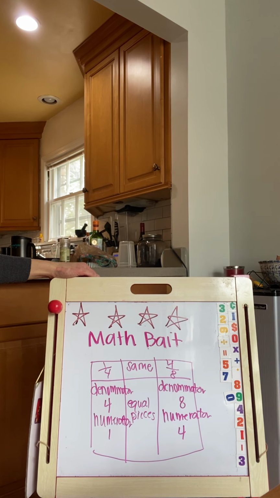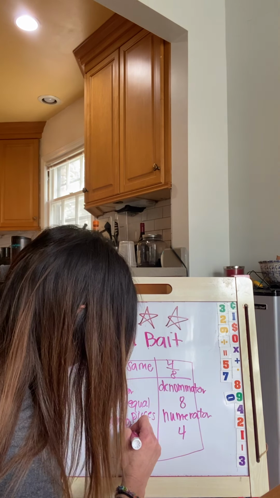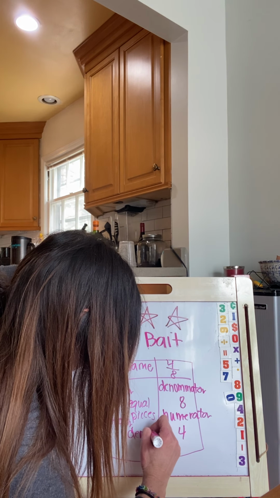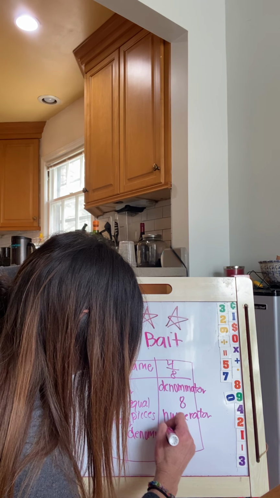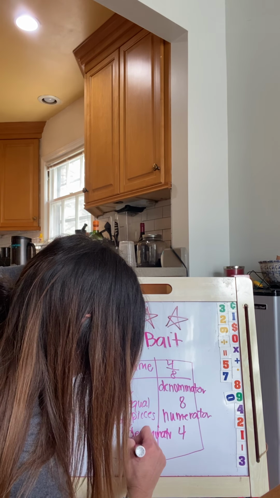Okay, something else that you could have said that is the same is that both of their denominators are even. Okay, because 4 and 8 are even numbers. So there's 2 things that you could have put in each one of those, okay?